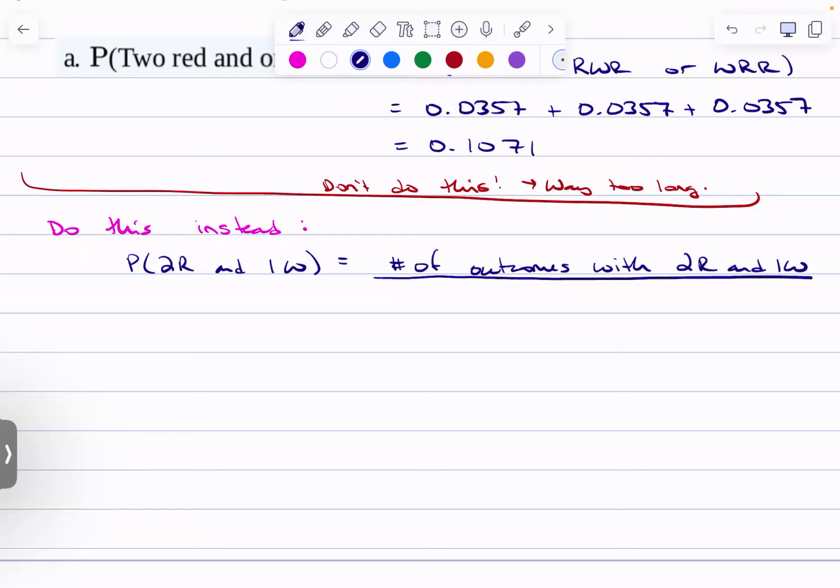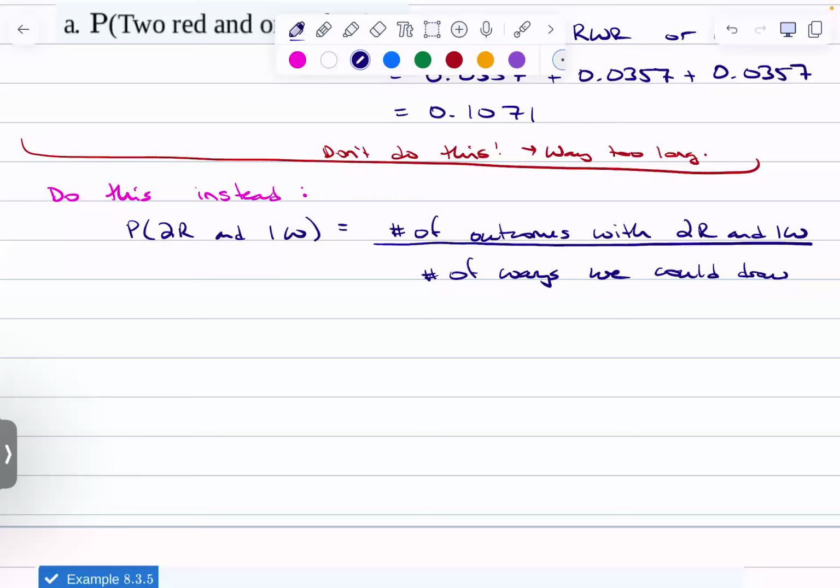Right? The number of ways we could draw 3 marbles, and maybe I'll say from 8.